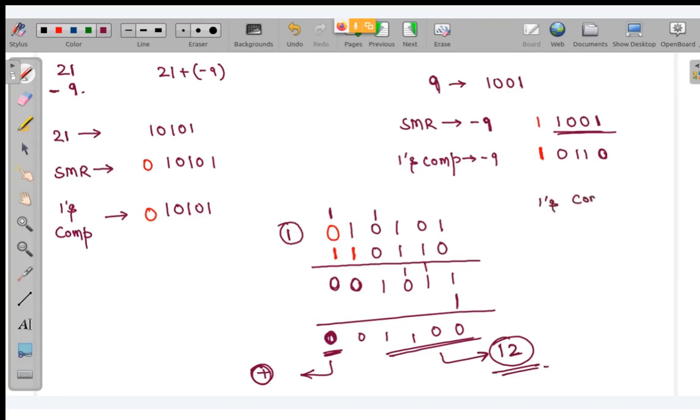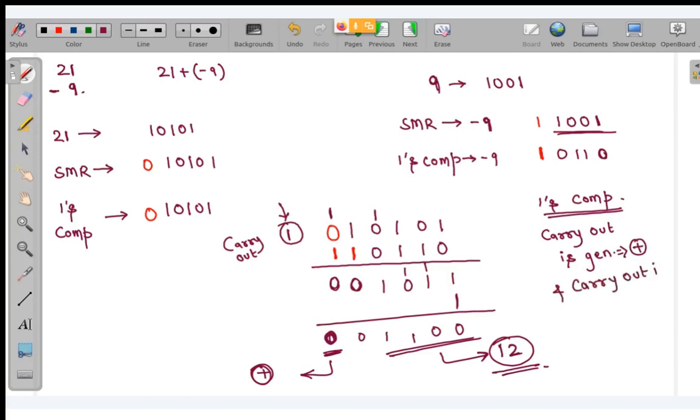This is specially for 1's complement: whenever a carry out is generated, this implies a positive number. Carry out generated means it is a positive number, and the carry out is added to the LSB. Remember this.